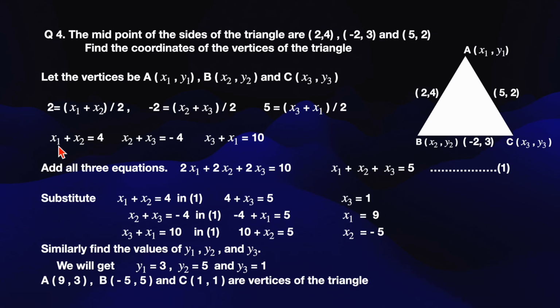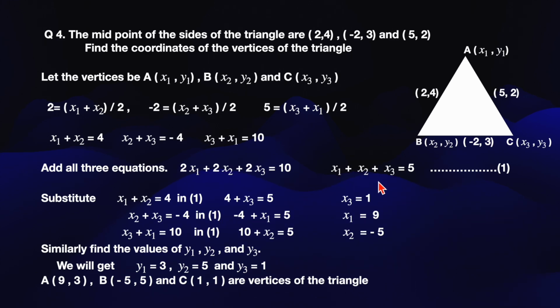For that, you again go back to the expression x1 plus x2 is equal to 4. So put here 4 for x1 plus x2. So 4 plus x3 is equal to 5. So x3 is equal to 5 minus 4, that is equal to 1. Now again let us substitute x2 plus x3, which is minus 4, in this equation.